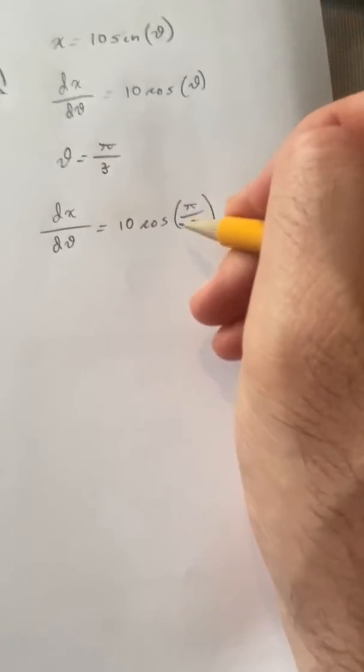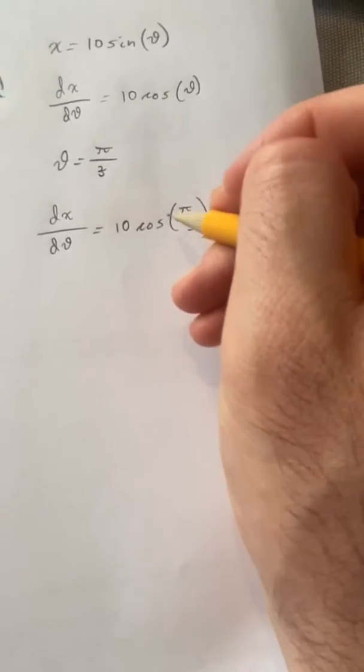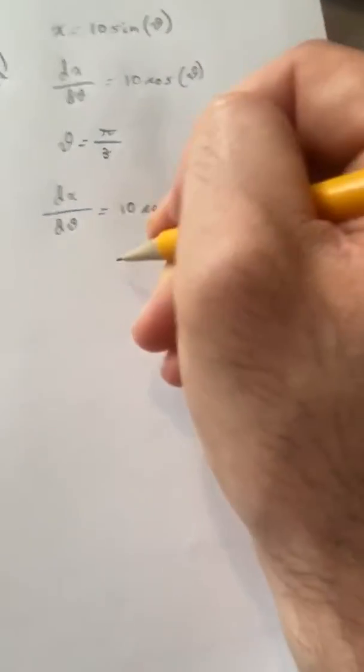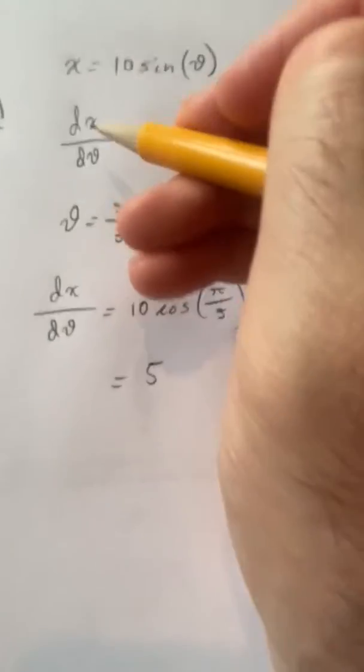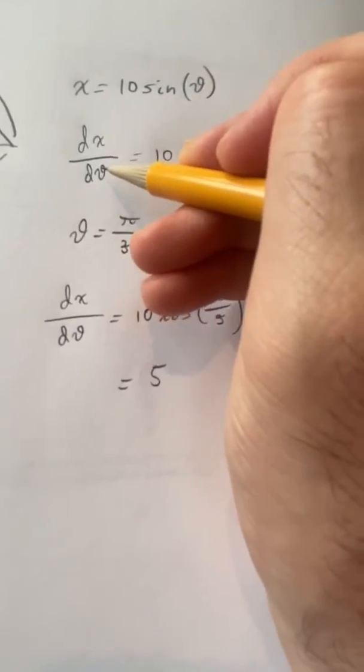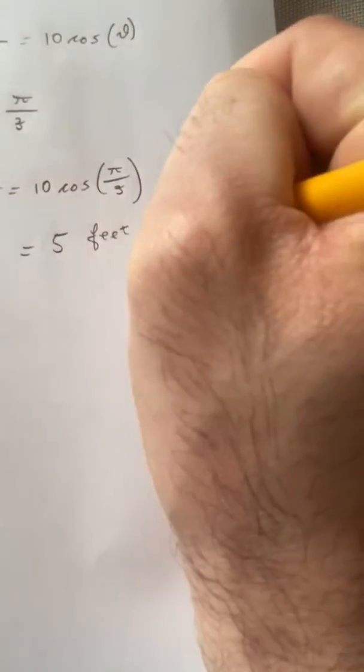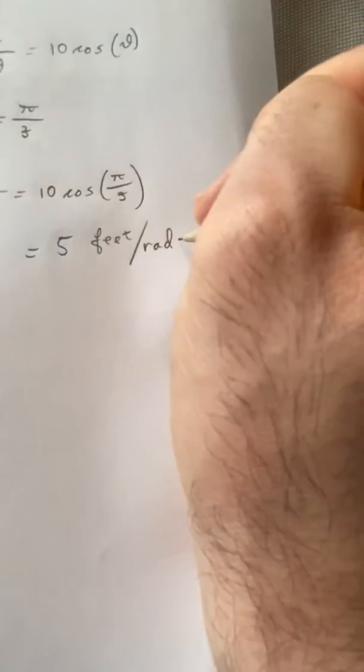Pi over 3 is the same as 60 degrees. So cosine of pi over 3 is 0.5, times 10 is going to be 5. And the units of that are just going to be whatever the units of x are over whatever the units of theta are. So in this case, it's going to be feet per radian.